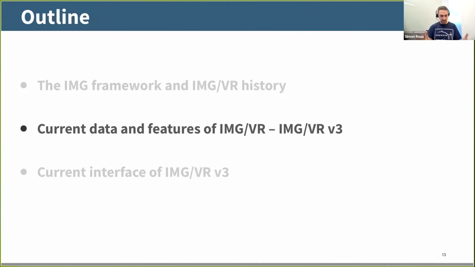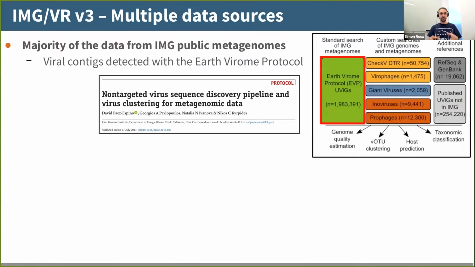Okay, so that's the context in which IMGVR exists and was created. What does it host right now? What is the content and the meat of IMGVR v3? Like I said, a majority of the data comes from IMG public metagenomes, and a lot of it comes from viral contigs detected with this Hertz virome protocol.